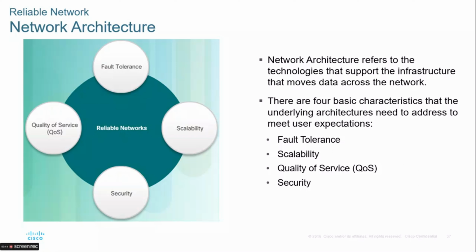And this is a keynote for network engineers, people designing networks and planning the structure of the network. These are the factors that should be taken into consideration if you are the network engineer purporting to design, configure, and deploy a reliable network.